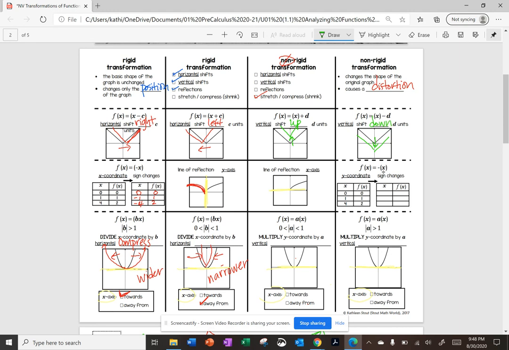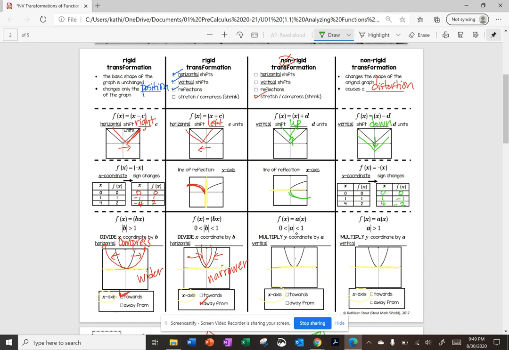If I have a negative sign and it's outside the parentheses, this is where the sign of the y coordinate changes. So nothing happens to x, so x stays the same, but the sign of the y value changes. So 1 becomes -1 and 2 becomes -2. So if I did the reflection and plotted those new points, it would be a reflection over the x-axis.